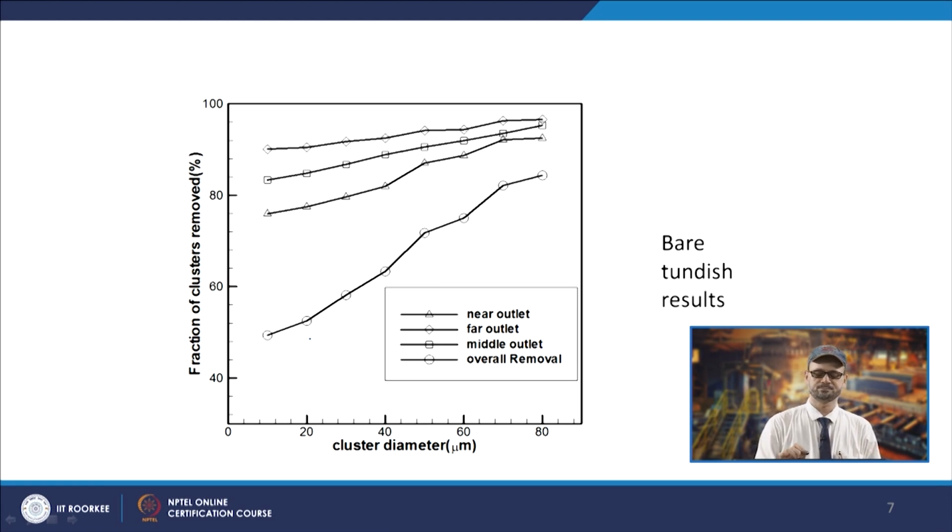You see that the fraction of clusters removed is normally very high for the near outlets when you are not using flow modifiers, then lesser for the middle outlet, and then the far outlet. So, that is the inclusion removal from the Tundish.